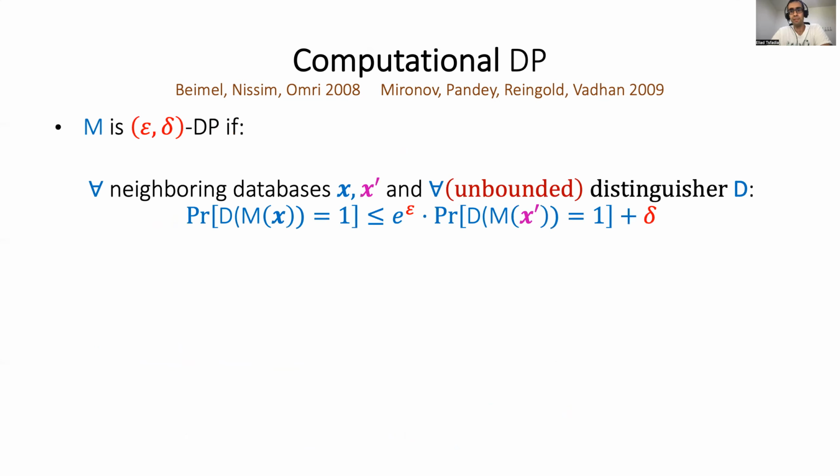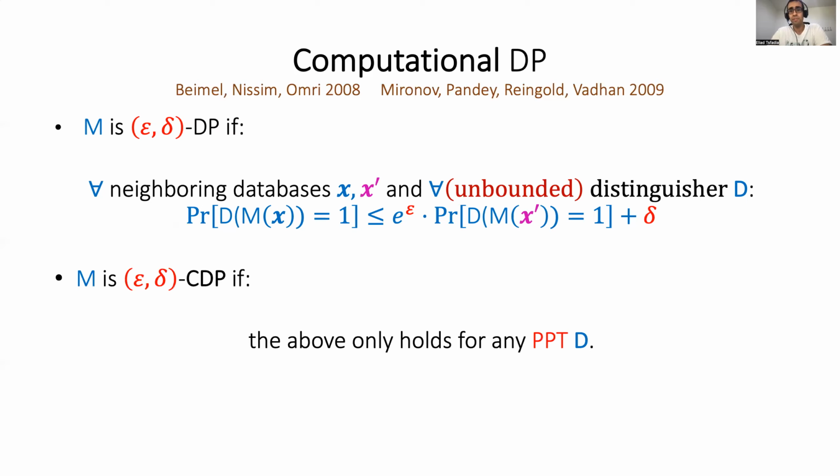Here is an equivalent definition of standard DP that we saw in the first slide. So M is (epsilon, delta) DP if for every neighboring databases X and X prime and every unbounded distinguisher D, the probability that D(M(X)) is 1 is epsilon-delta close to the probability that D(M(X prime)) is 1.